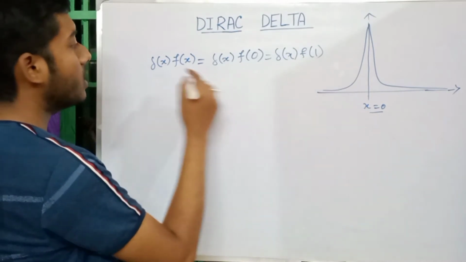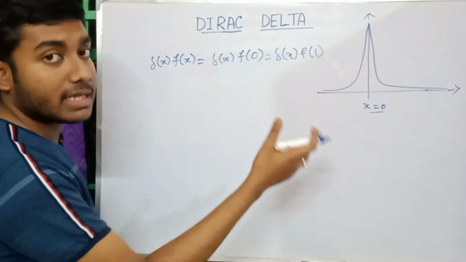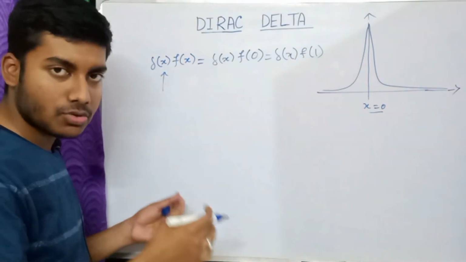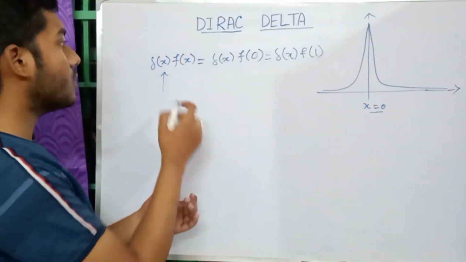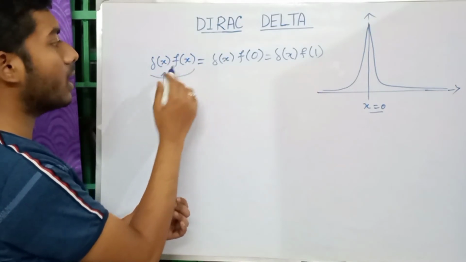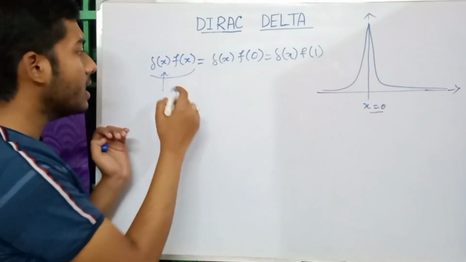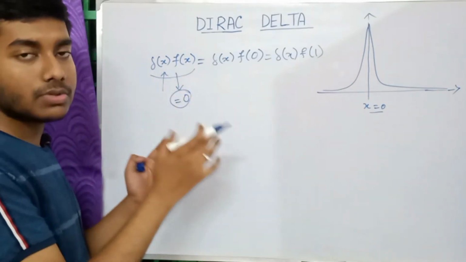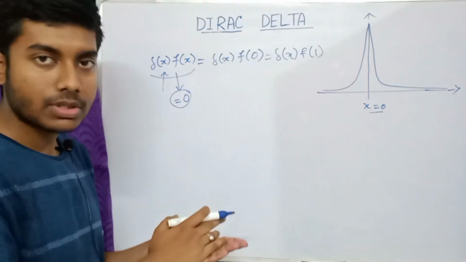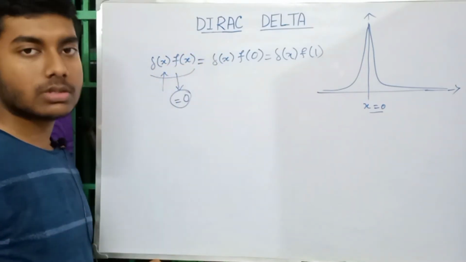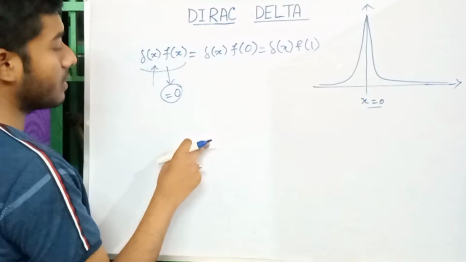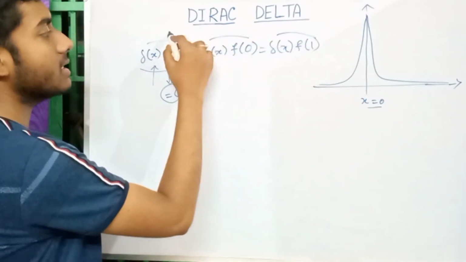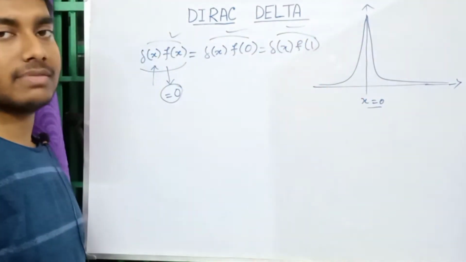When we put a value of x other than 0, when we put x equals 1, x equals 2, x equals 3, then what will be the product delta x into f of x? This will be equal to 0, because delta of x is equal to 0 at any point except at x equals 0. So the product will also be 0 except at x equals 0. So these all have the same significance.